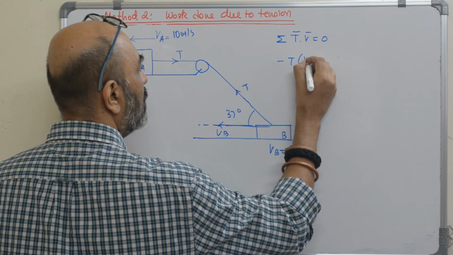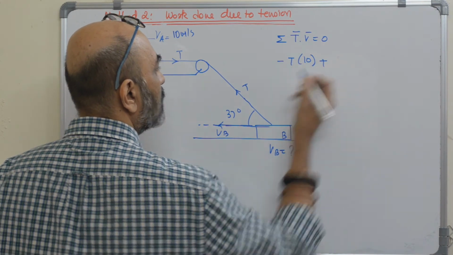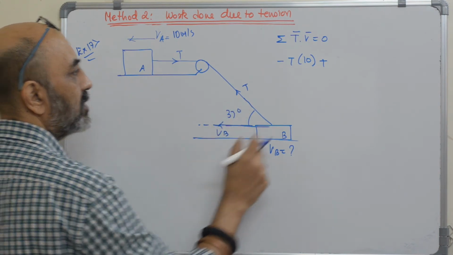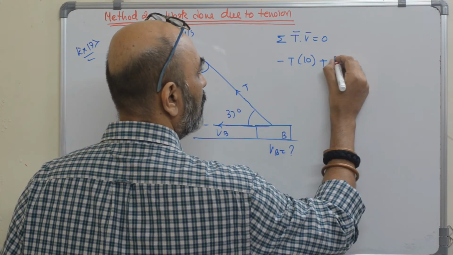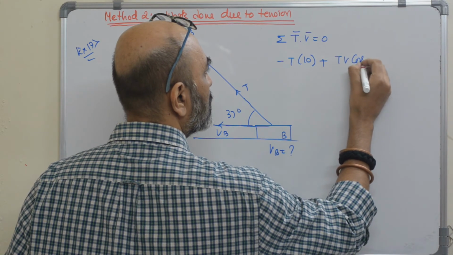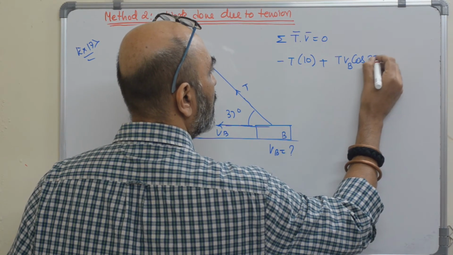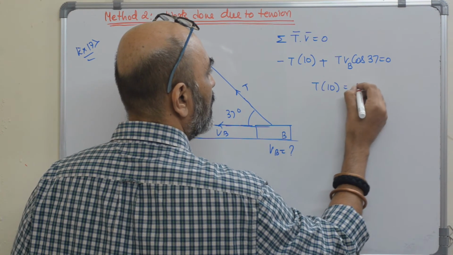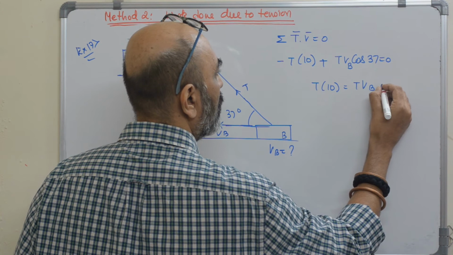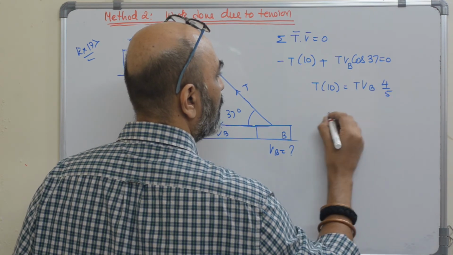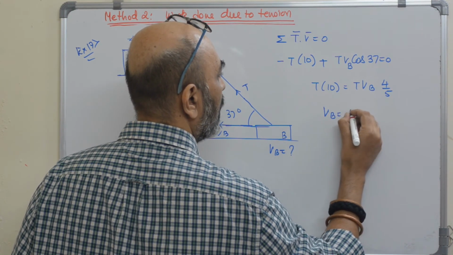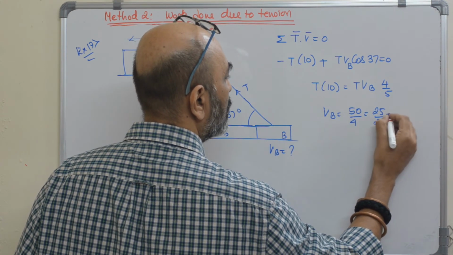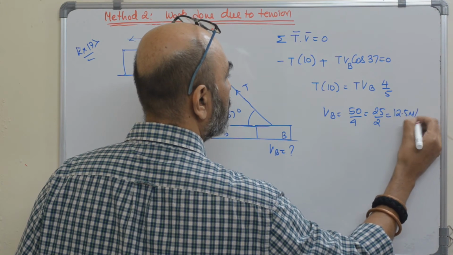So T into 10 plus ये क्या है T, ये क्या है VB, angle क्या है 37. So we have dot product है ना, so it will be T VB cos 37 equal to 0. So we have T10 equals T VB, cos of 37 is 4 by 5. So we have VB as 50 by 4, 25 by 2, 12.5 meter per second.